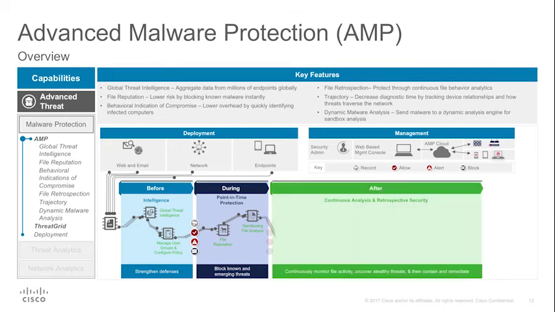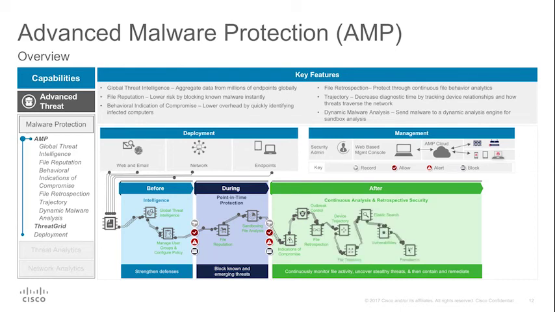AMP also continuously analyzes files and traffic for threats that successfully evaded the first line of defense, making it extremely effective after an attack. AMP provides deep visibility into the activity and behavior of files in an environment, and enables security personnel to rapidly respond and contain a breach with only a few clicks. With AMP constantly searching for indications of compromise, organizations find malware based on activity rather than by file type.